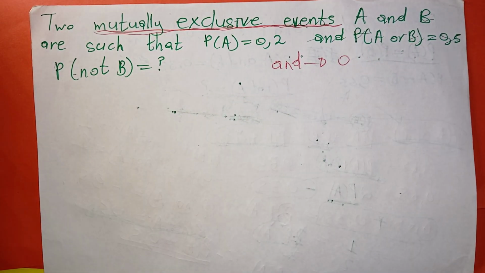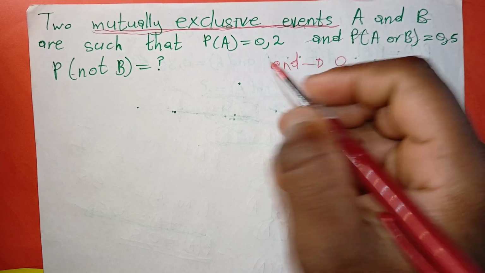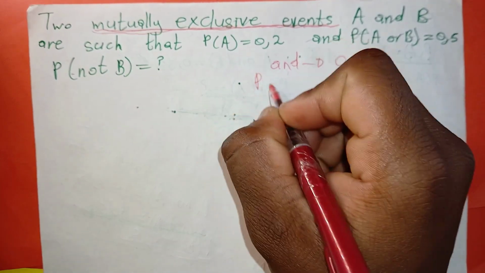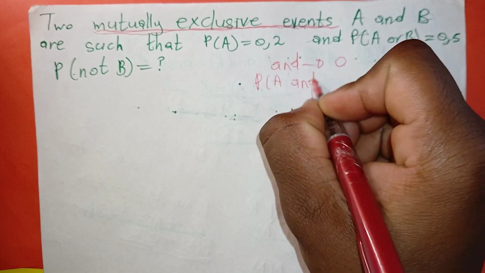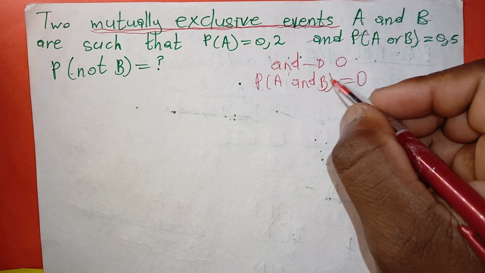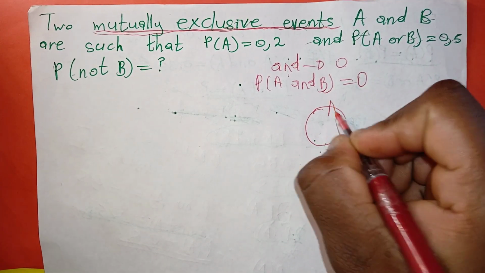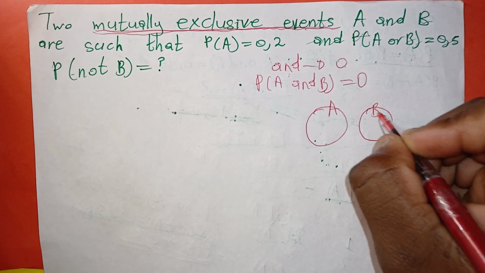Do you see? Yeah, and it's equal to 0. When I say P(A and B) is equal to 0, it means the probability of A and B is 0. In other words, this tells you that A and B don't intersect.